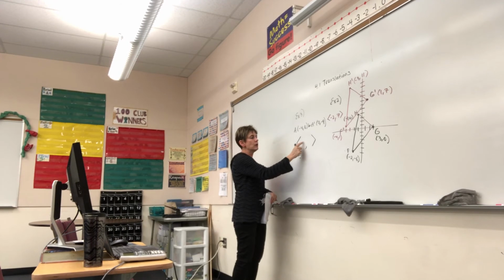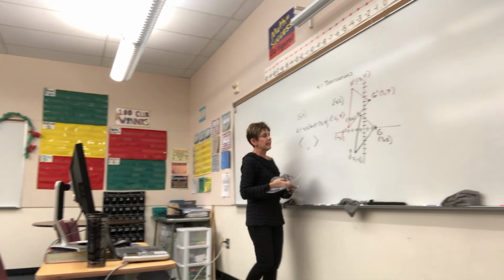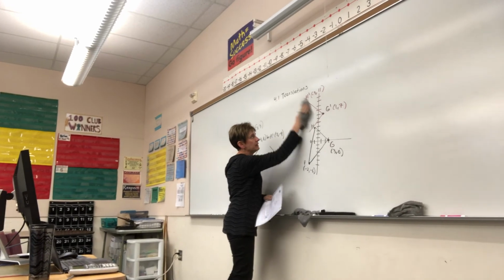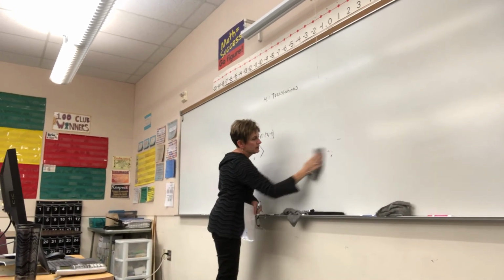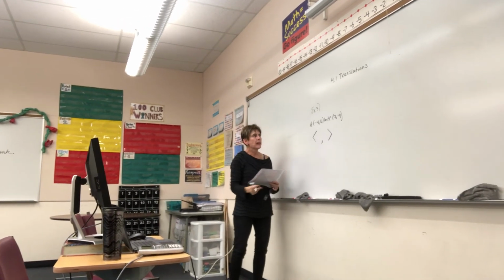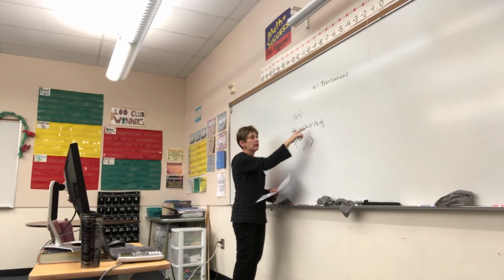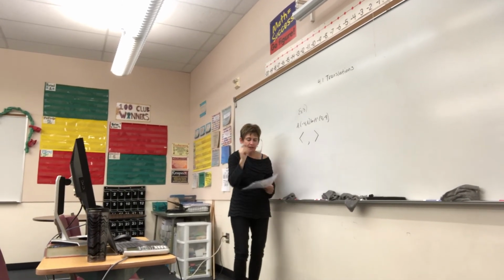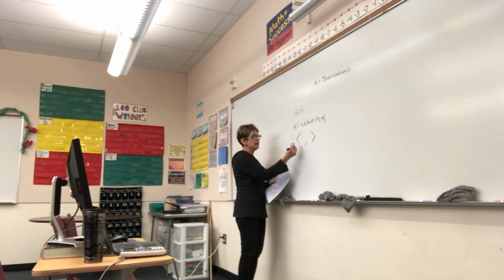I'd like to know, what would these two numbers have to be if I wanted to go from A to A prime? So take a minute, see if you can maybe get started on the X or the Y, and then I'll help you with it. All right, so what would I need to add to -4 to get to 7? I would have to add 11.